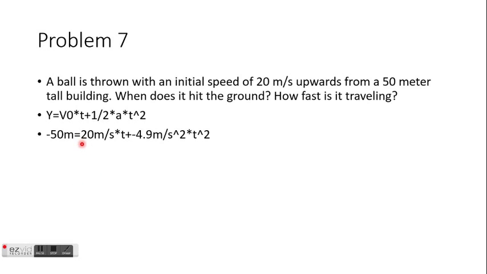So that's why some people would say just negative 20 meters per second because it's one less negative, but that's their choice. So you just have to remember that the gravity and the fall would be in the same direction, so you have to have those have the same sign, and the initial velocity would be in the opposite direction. So we plug in what we know and solve it as a quadratic.